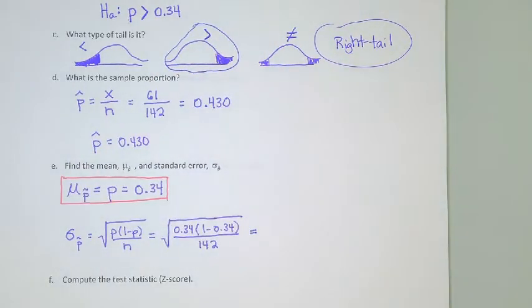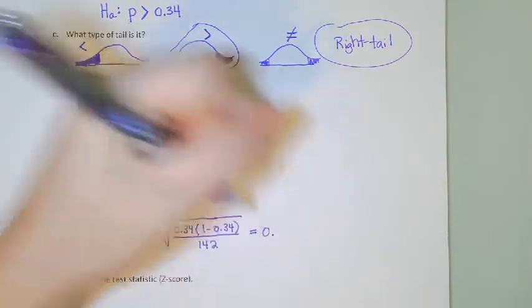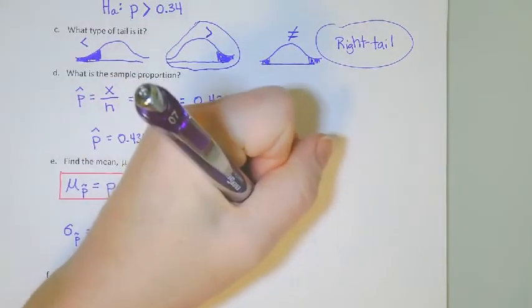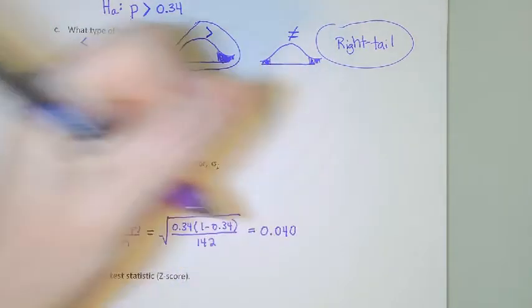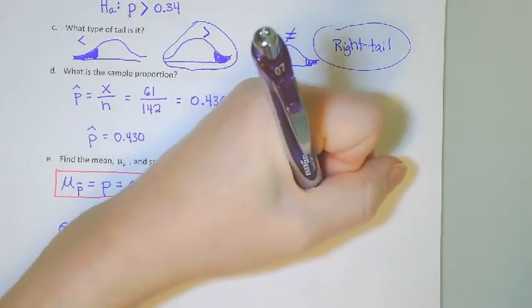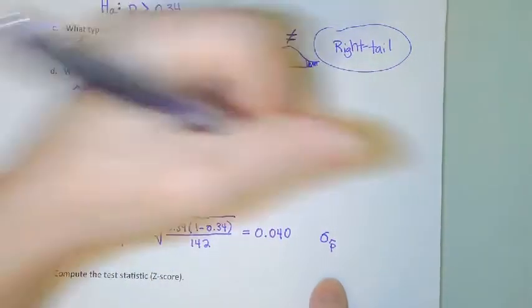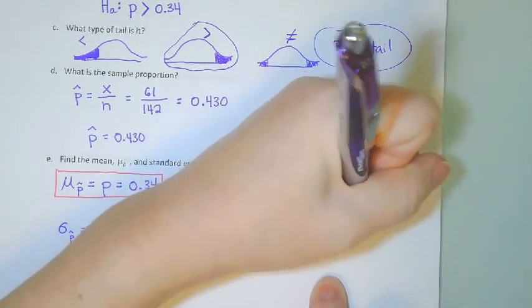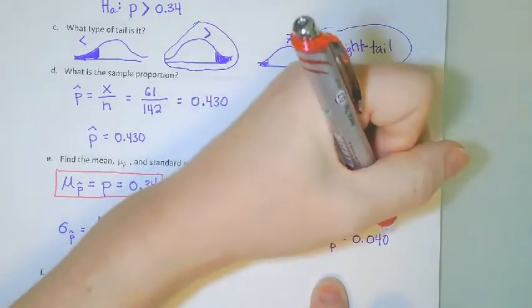And I'm going to go ahead and type that into my calculator and round to 3 decimal places. And that's going to give me 0.040. So the standard error for our sampling distribution of sample proportions is equal to 0.040.